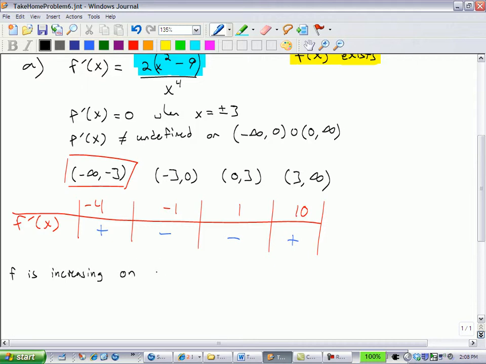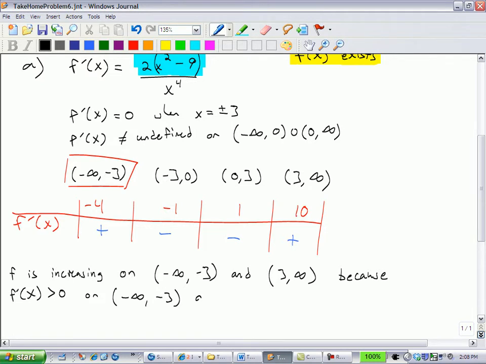So f is increasing on negative infinity to -3 and 3 to infinity, because, don't leave this part off, f prime of x is greater than 0 on negative infinity to -3, and f prime of x is greater than 0 on 3 to infinity.